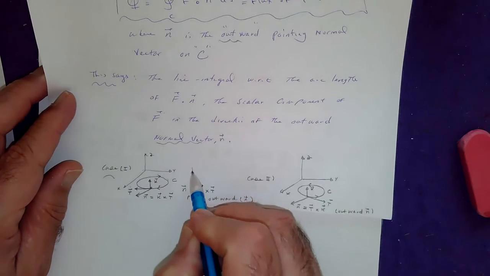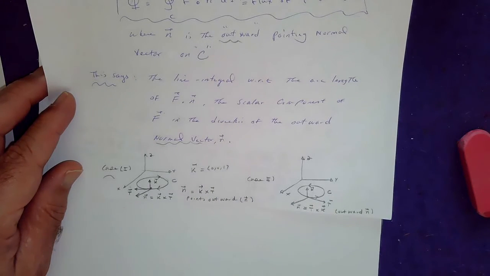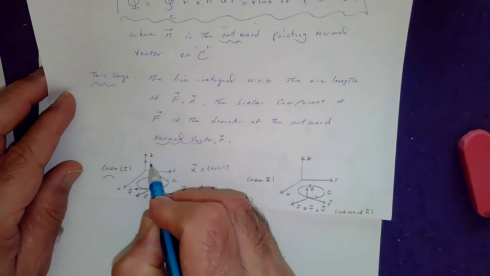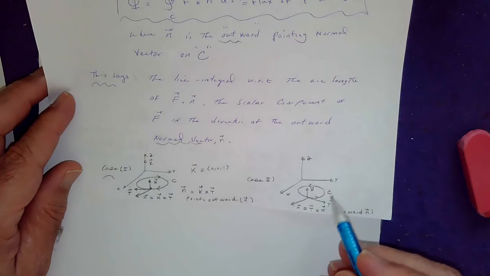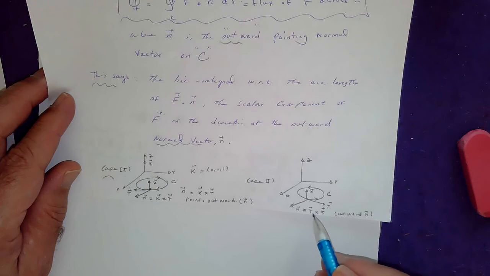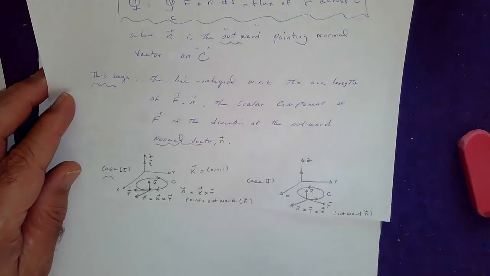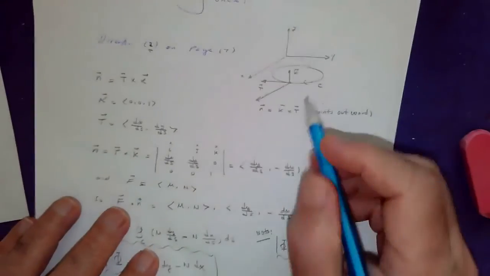Remember what k was equal to? K was the unit vector (0, 0, 1) along the positive z-axis. If the motion is counterclockwise, the n becomes t cross k. In both cases, k is the unit vector along the z-axis.